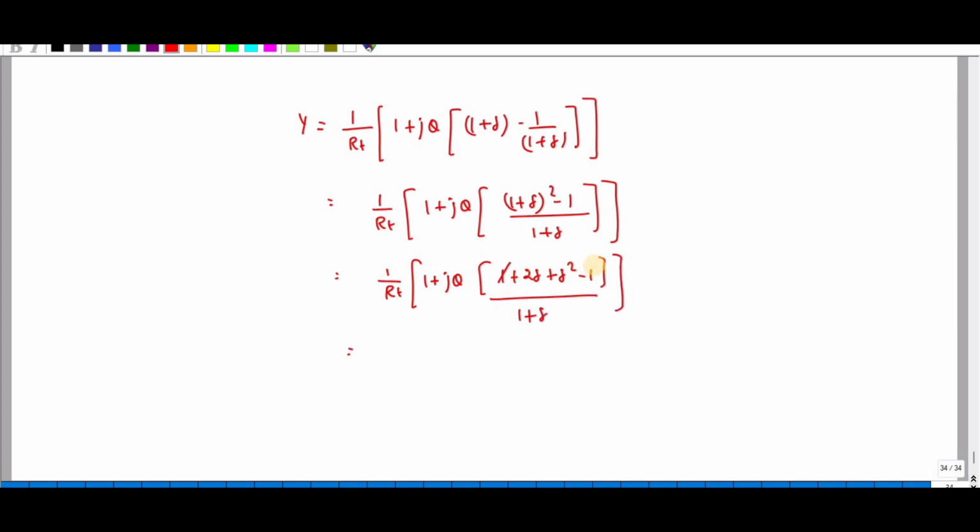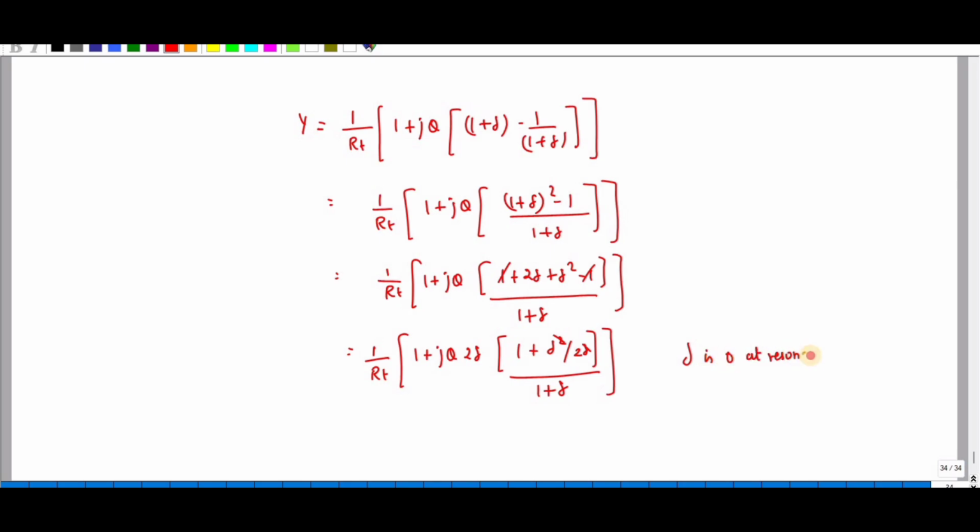So here 1 gets cancelled out. So 1 divided by RT plus 1 plus jQ. You take 2 del common. If I take 2 del common, del square divided by 2 del divided by 1 plus del. So here del gets cancelled out. So the del value is 0 at resonance frequency.